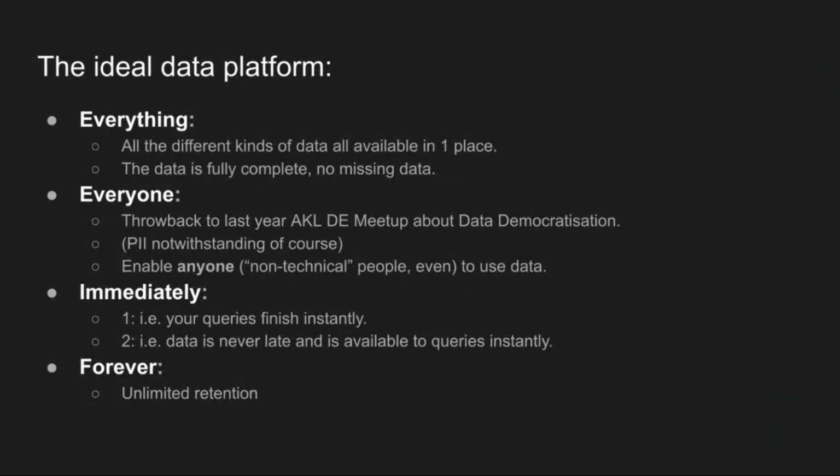Diving a bit deeper, to make it a bit more real. Everything means everything, all in one place, from one interface. And by everything, I mean there's no data missing and it's all correct. That's table stakes. Everyone: ideally, and I feel quite strongly about this, people don't have to go through a data team to get benefit from data.